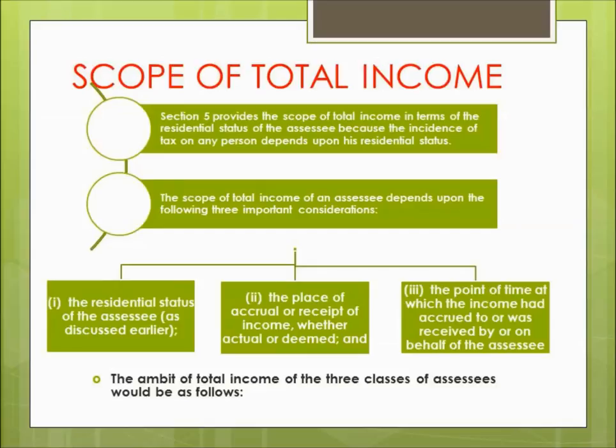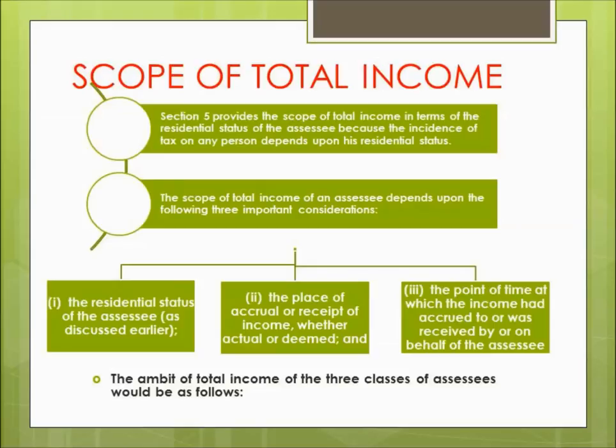So the determination of residential status of the assessee plays a very important part in the scope of total income. The scope of total income of an assessee depends upon the following three important considerations. The residential status of the assessee, number one.